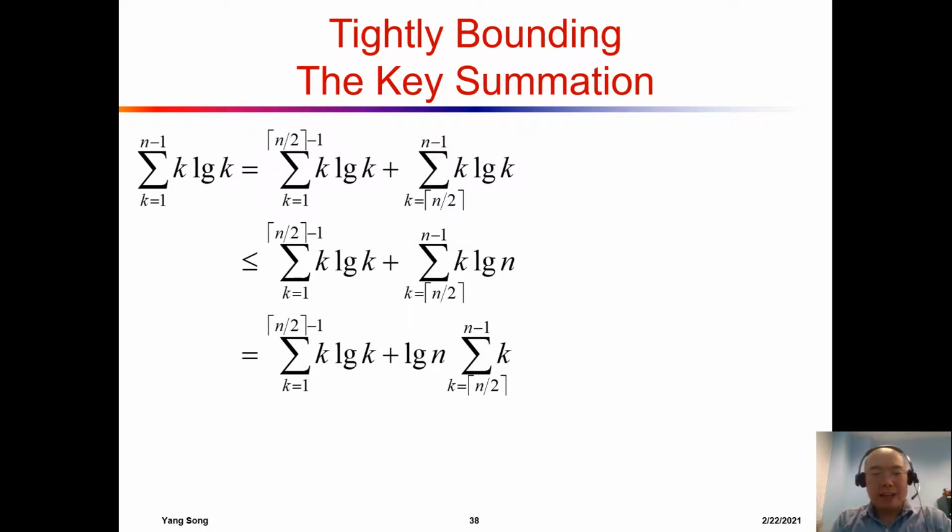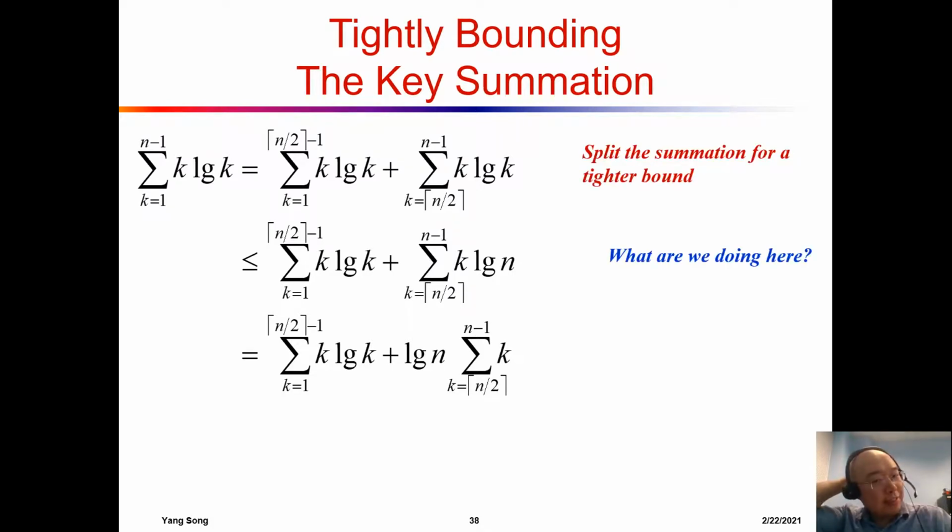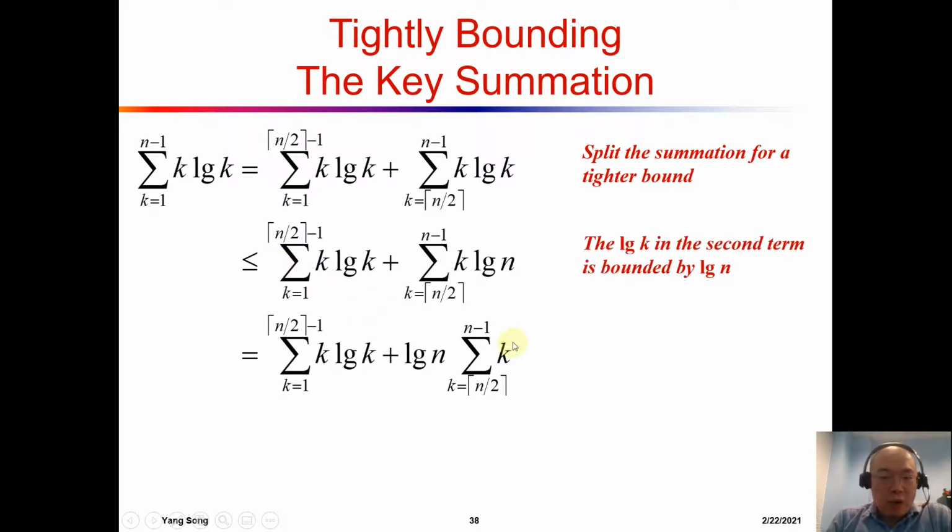And then let's move on and see how we can solve that. So what are we doing in the next line? For the next line, I'm substituting the upper half, and instead of log k, now I'm doing log n.